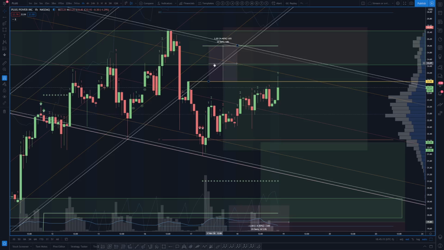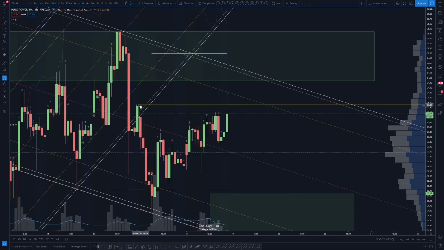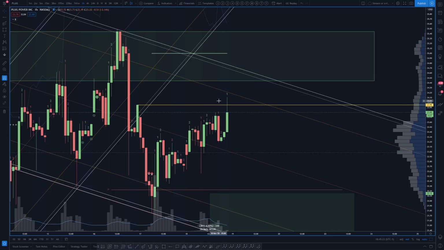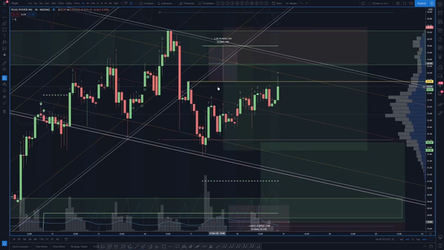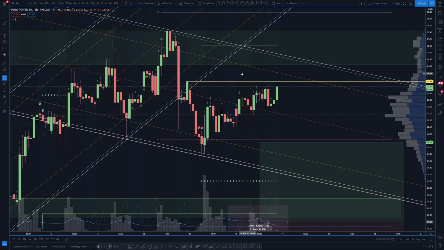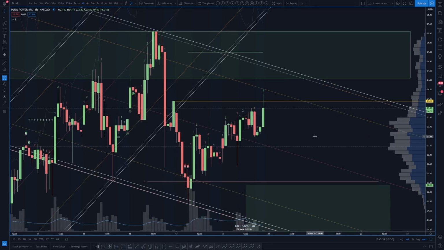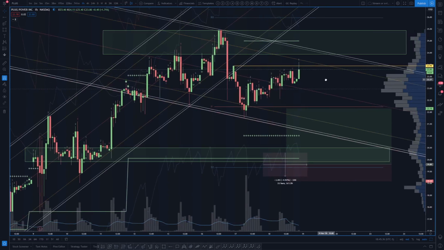So we didn't quite get to the target for the short. We were looking for a potential backtest of the channel. Yep, didn't quite get to target for the short. And so, what are we looking out for?